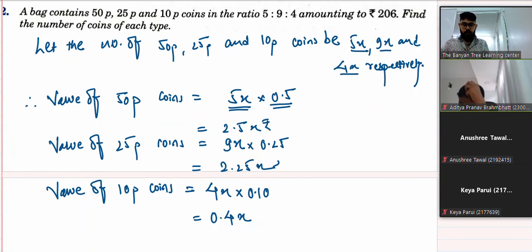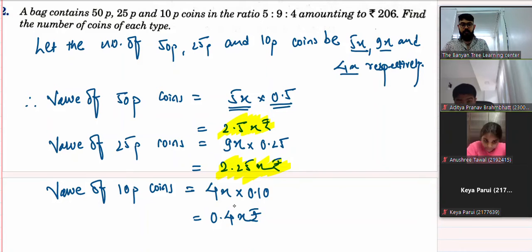This is the value in rupees of each type of coin. The 50 paisa coins amount to 2.5x rupees, the 25 paisa coins to 2.25x rupees, and the 10 paisa coins to 0.4x rupees.